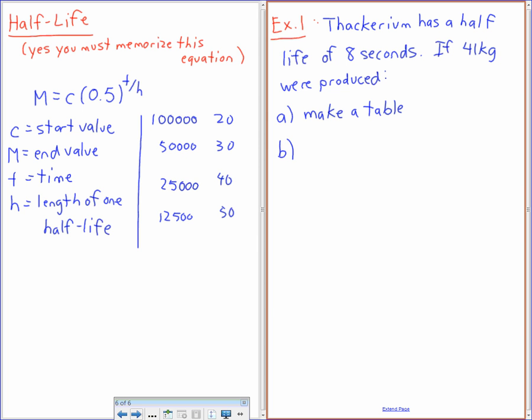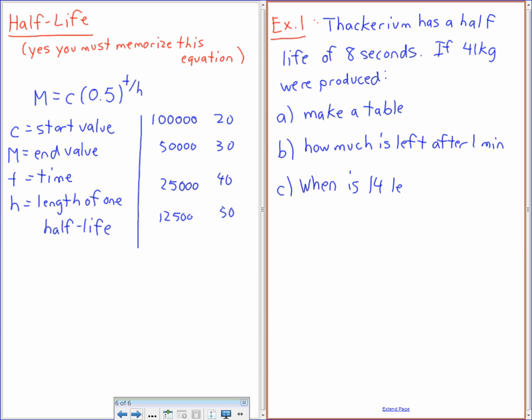B, how much is left after 1 minute? And C, we'll say when is 14 kilograms left.